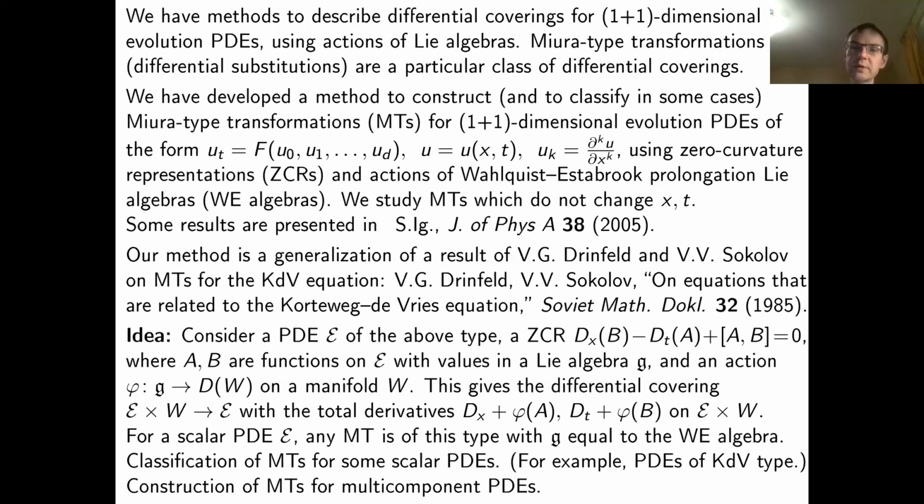And the Wahlquist-Estabrook prolongation Lie algebra can be computed explicitly quite often. And its subalgebras can also be described, and as a result, in the case when everything is computed explicitly, one can, in principle, get an explicit list of all Miura type transformations for a given equation. And for KdV, it has almost been done.